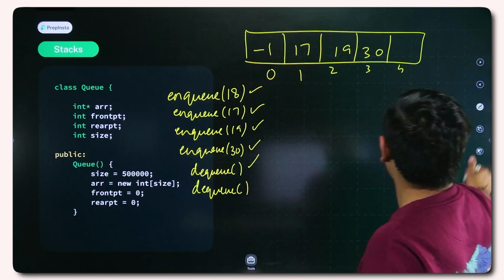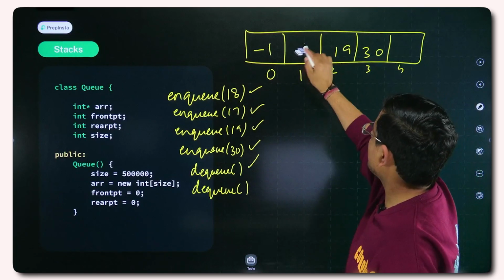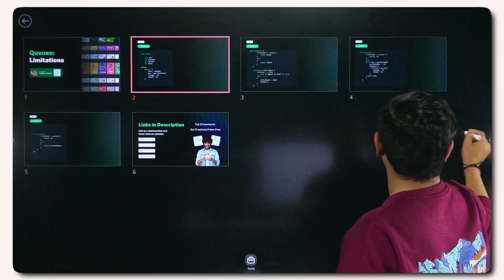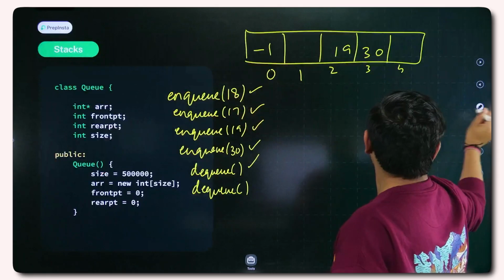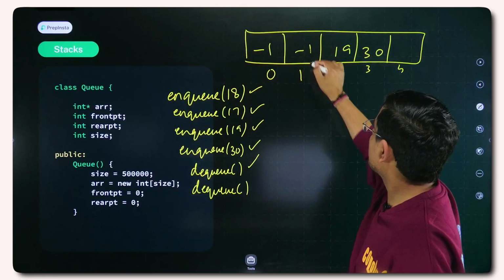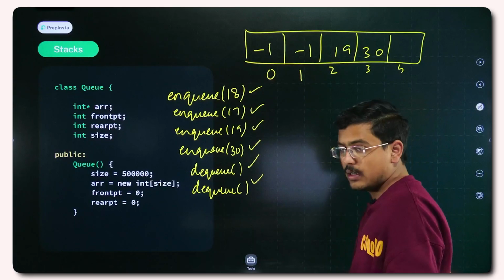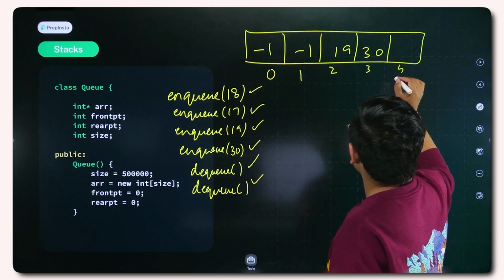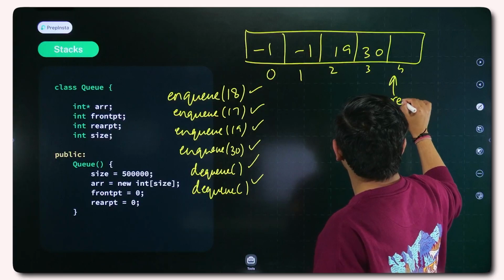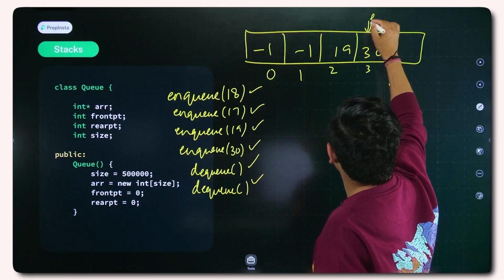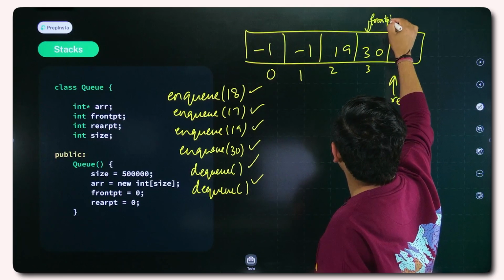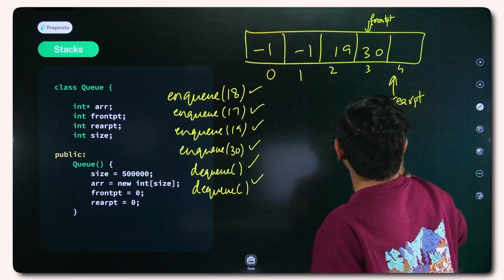Now I again do the DQ and the similar thing happens. Now rear is pointing here. Front is pointing here. Front PT and rear PT were the two pointers that we use.